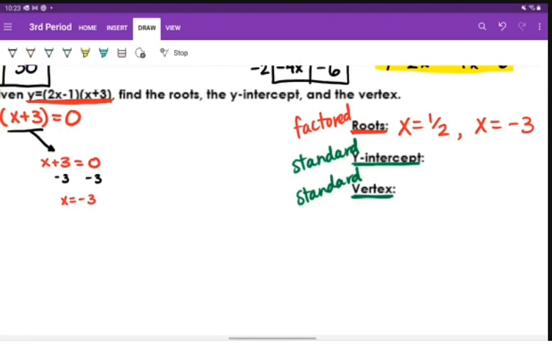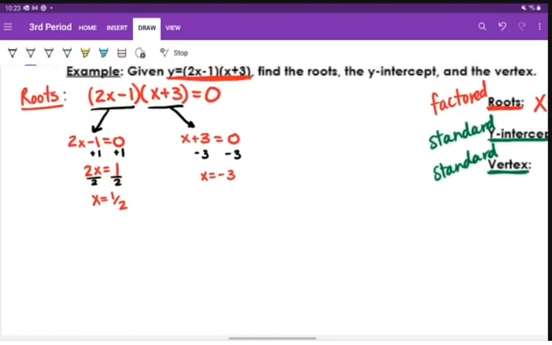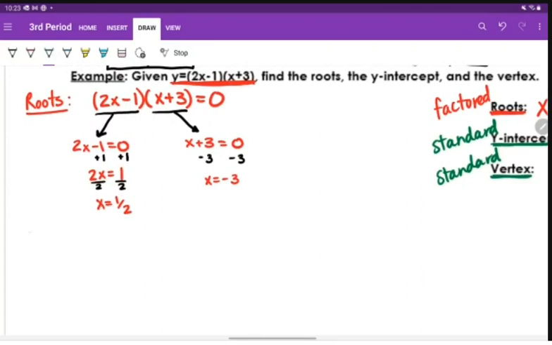Now we want to find the y-intercept, but I've already spoiled the fun for you. We know that finding the y-intercept is way easier to do if we can write this in standard form. So before we even get to the y-intercept, we need to convert our equation into standard form.